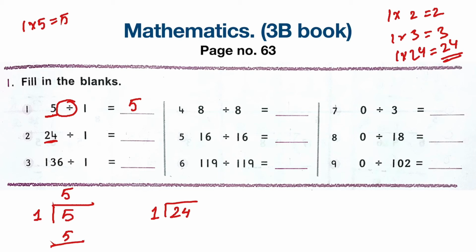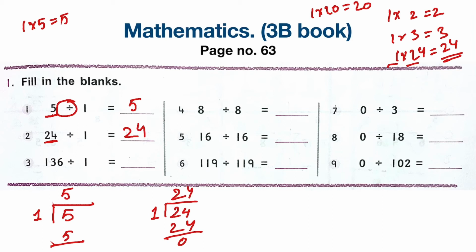If you look at all the patterns, because 1 into 20 is also equal to 20, you have that in your multiplication table. Okay, so any number that is multiplied with 1, the answer will be the same number. Okay, so here it is 1 into 24 is equal to 24. So the answer will be here 24.